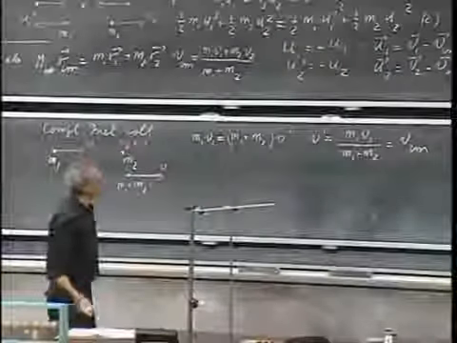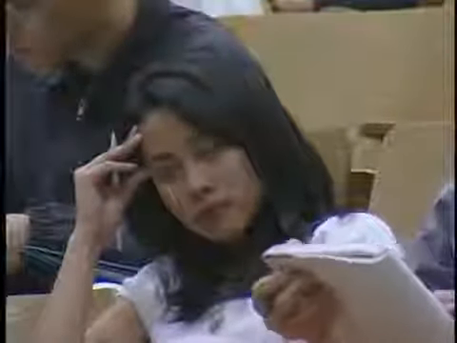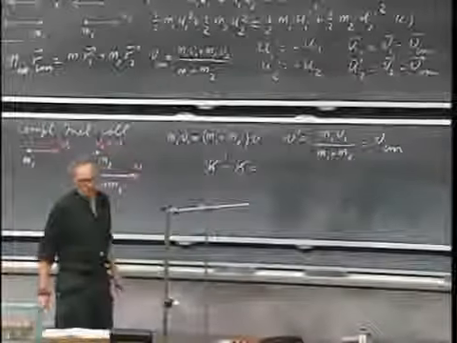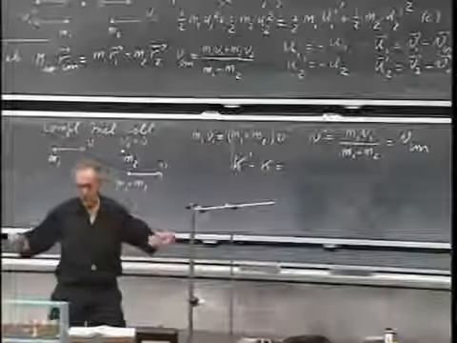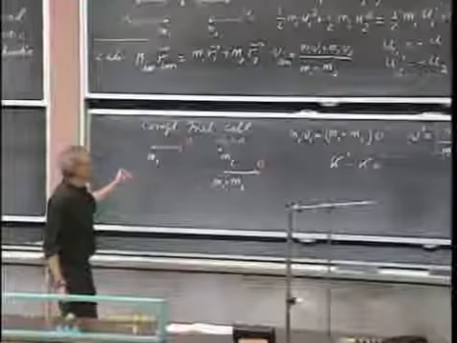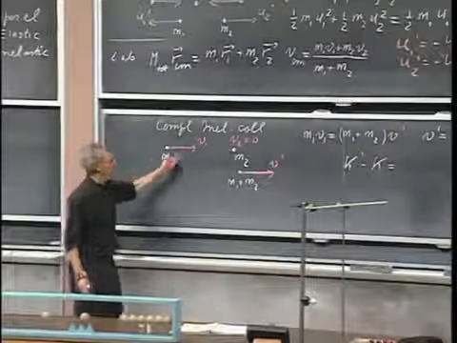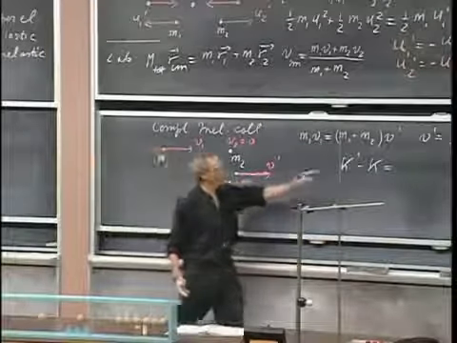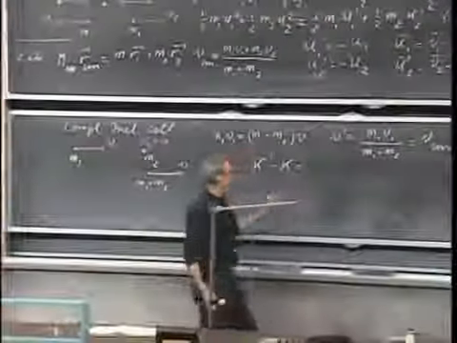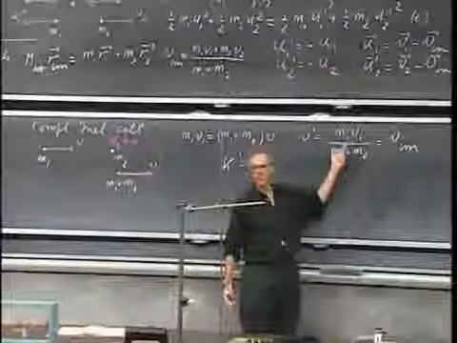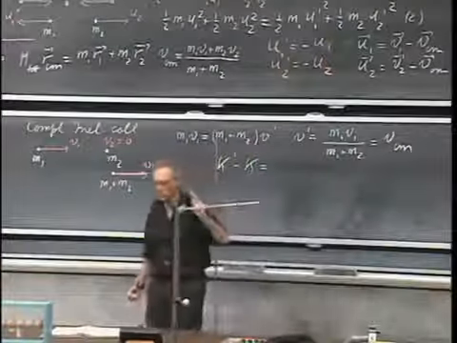Now we can calculate what the difference is between the kinetic energy after the collision and the kinetic energy before the collision. That is, of course, something that is rather trivial. You know what the kinetic energy is before the collision. It's 1/2 M1 V1 squared. And you know what it is after the collision. I calculated V prime. And so you have to take half this mass, multiply it by this velocity squared. I'm sure you can do that.